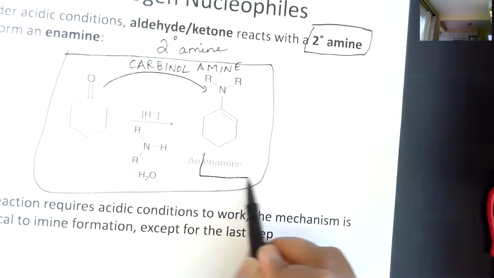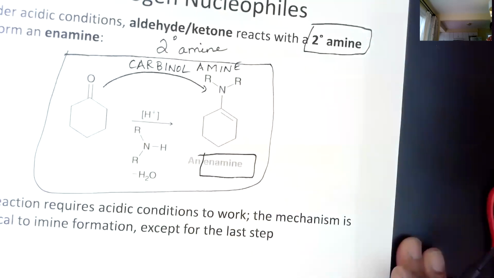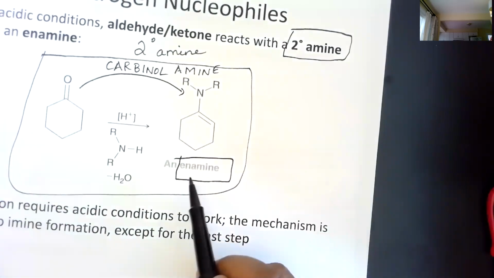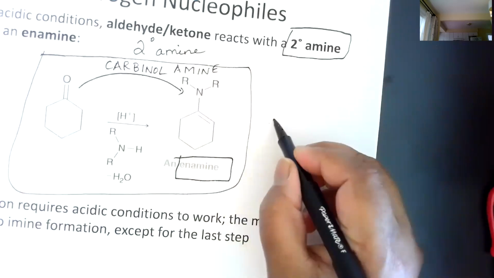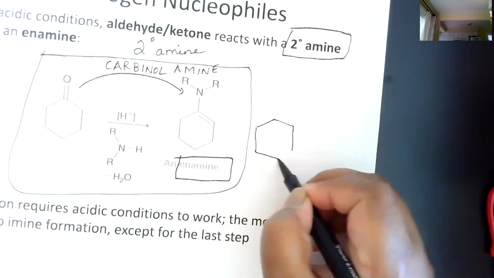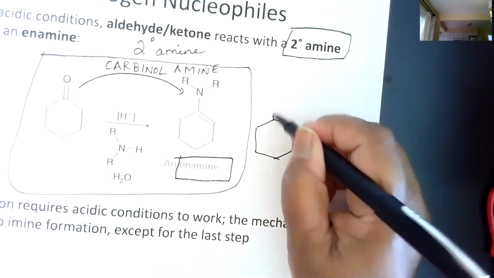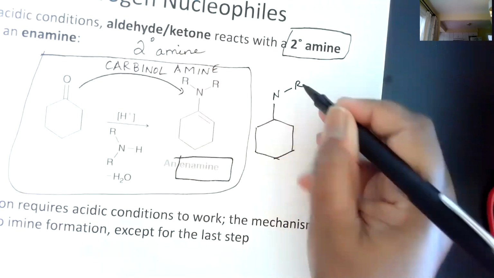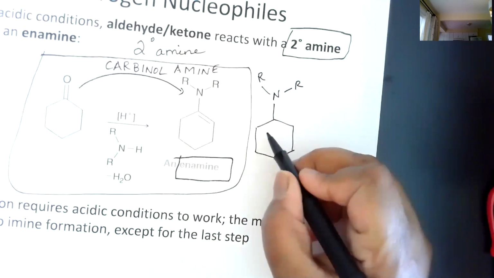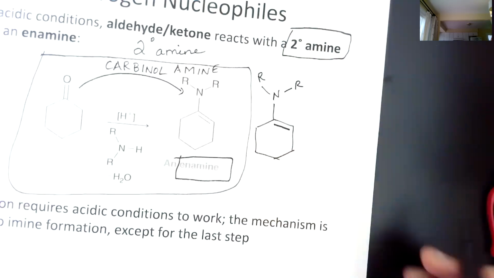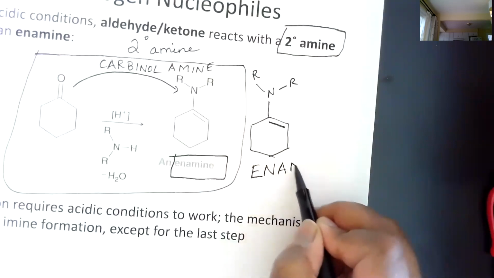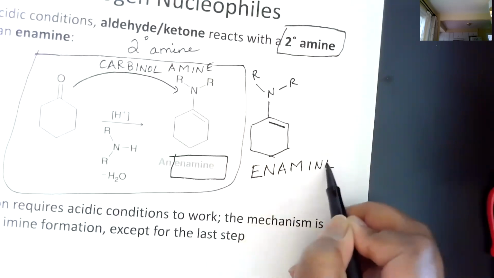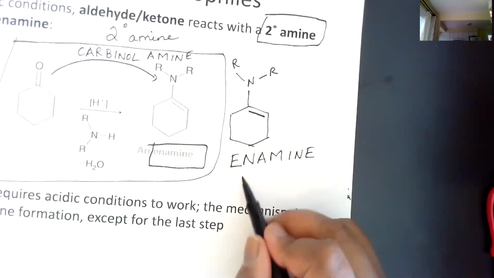And then this is not an imine, because look at the structure. There's no carbon-nitrogen double bond. It shifts over because the nitrogen still has to have 3 single bonds. So this moves over, and this is called an enamine. Like enol, remember?